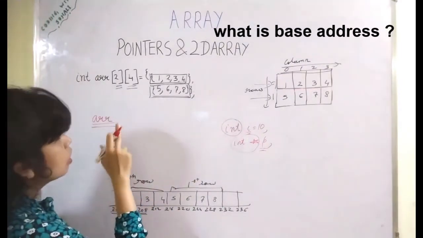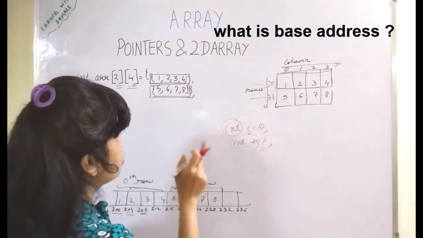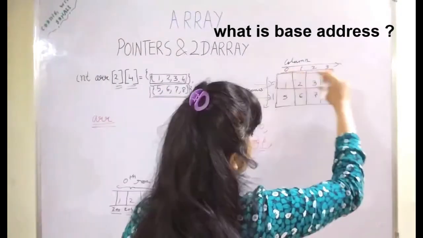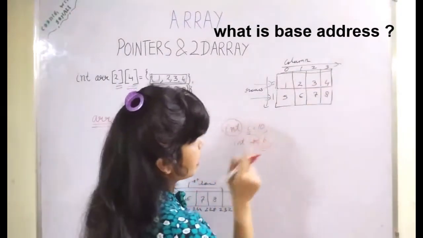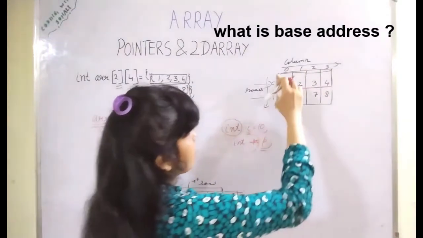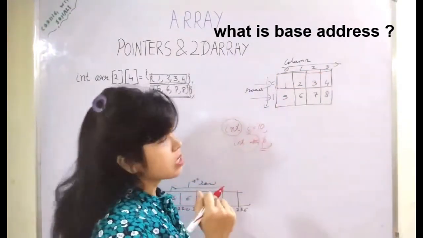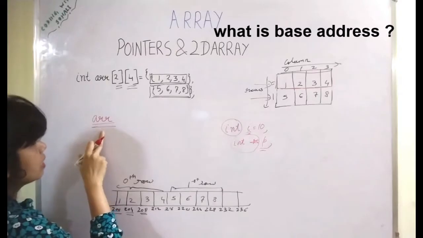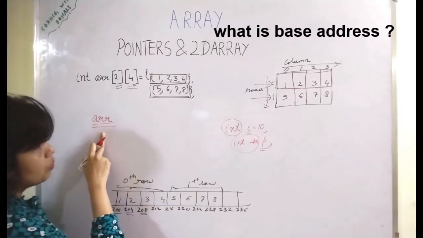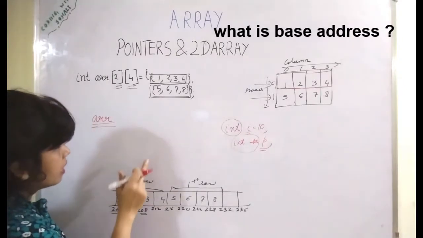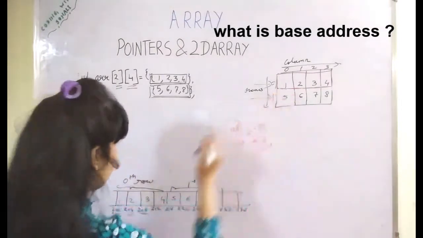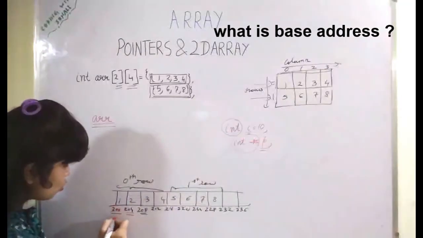That is, it is a pointer to the 0th 1D array. And if you define this 1D array more, it has a total of 4 integers in it. If you print ARR, what will you get? You will simply get an address. So what is the address actually? The address is 200.